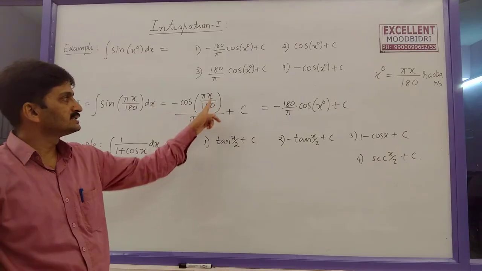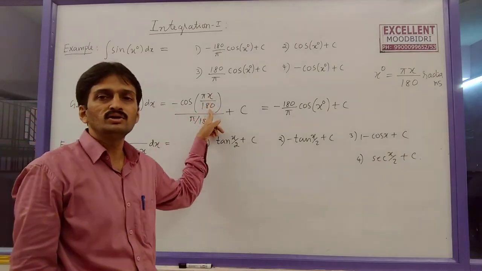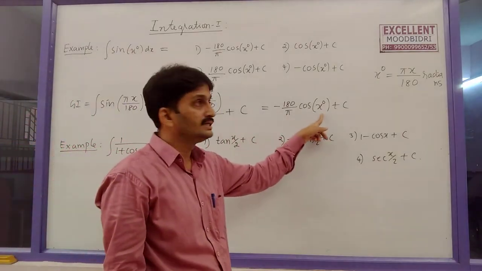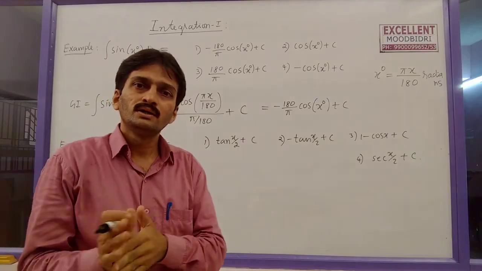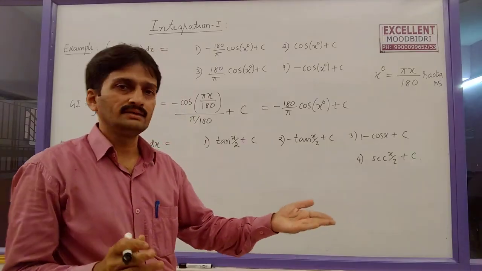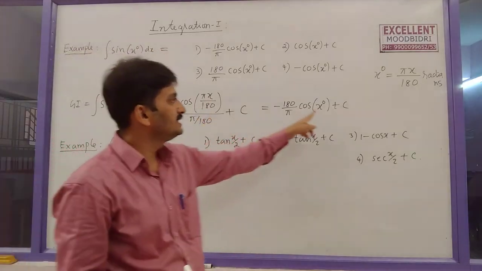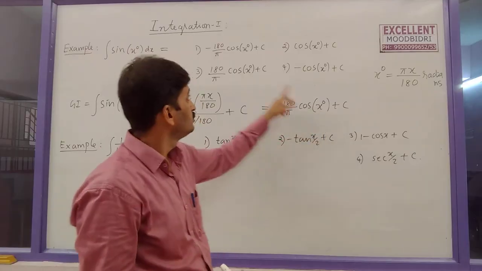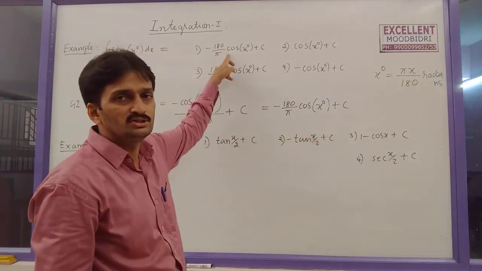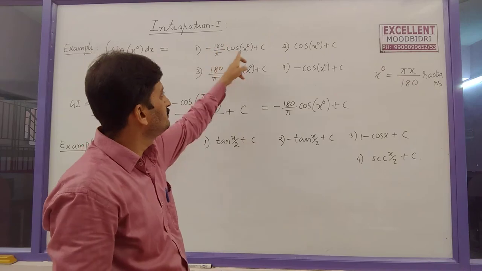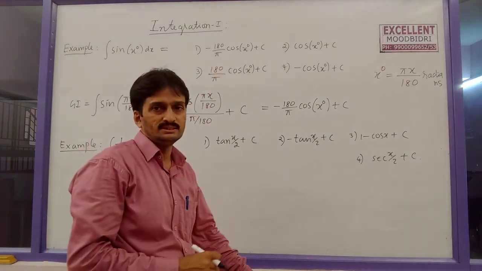Because cos pi x by 180 can once again be written as cos x degrees. Convert radians into degrees again. So pi x by 180 radian is x degrees. And look at the first option. First option is suitable, correct? Minus 180 by pi cos x degree plus c.